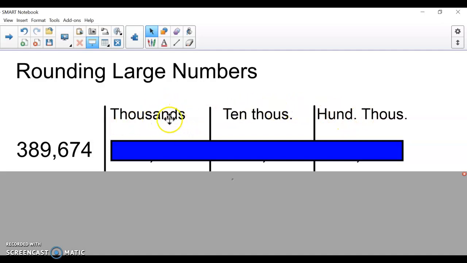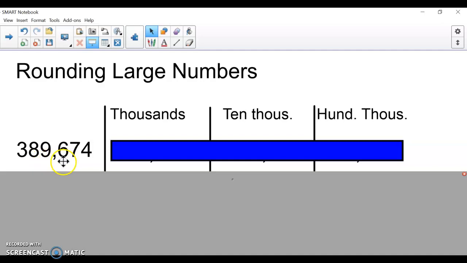Okay, so let's start by rounding to the thousands place. We're going to take our number 389,674. So you might want to use that place value chart on page 13. This is my thousands place. So this 9 is either going to stay a 9 or it's going to go up, in this case, to 10, and we'll see what would happen if that happens. Okay?